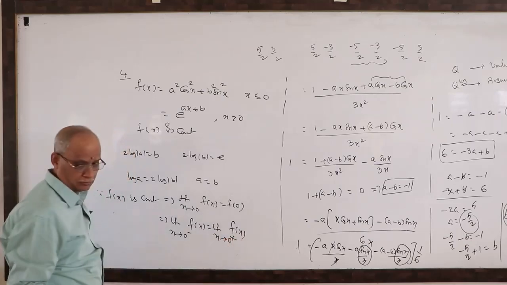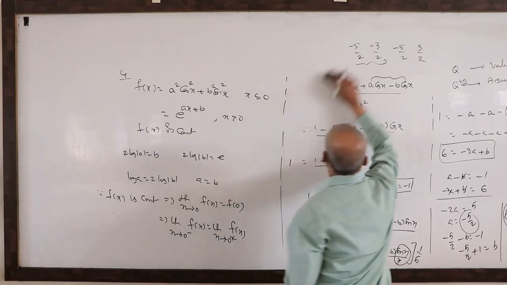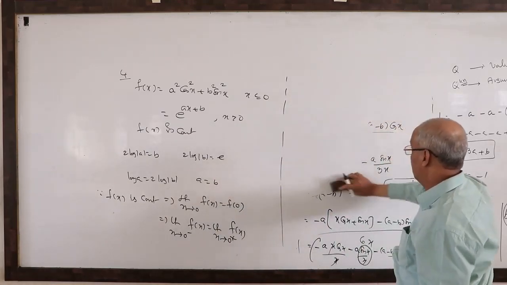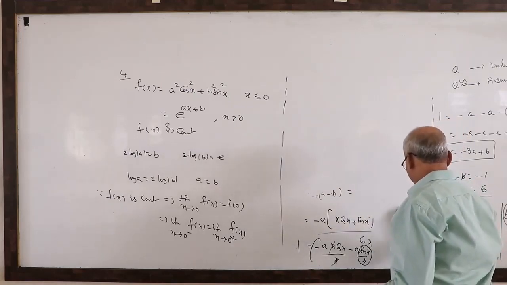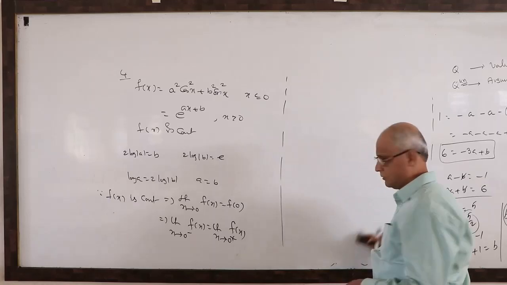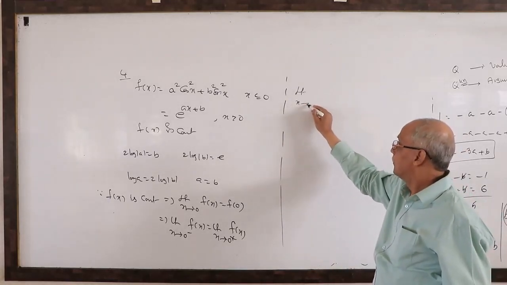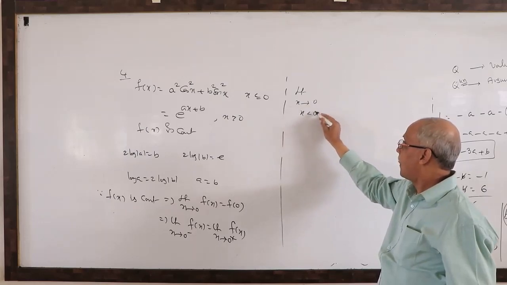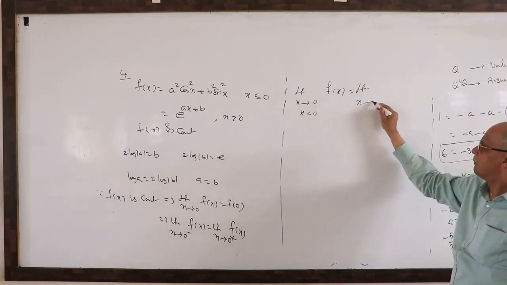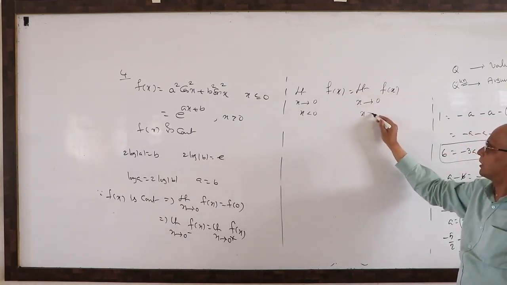Left is equal to right. What is next? X left limit, x tends to 0 minus means what is that? X tends to 0 but x less than 0. F of x is equal to 0 plus means x tends to 0 only but x is greater than 0.